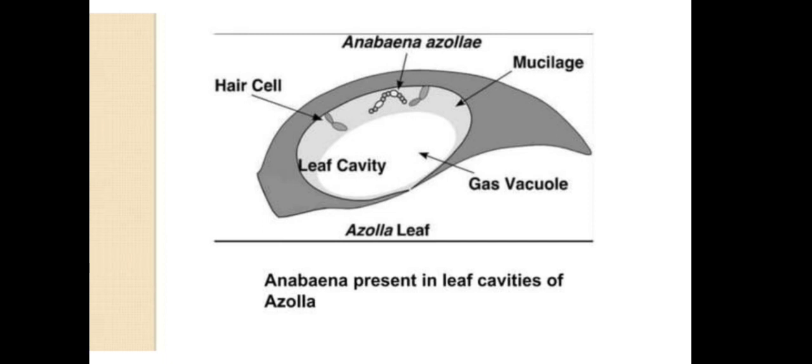Anabaena that is present in leaf cavities of Azolla. Hair cell, gas vacuole, mucilage, that is Anabaena azollae, and the leaf cavity.